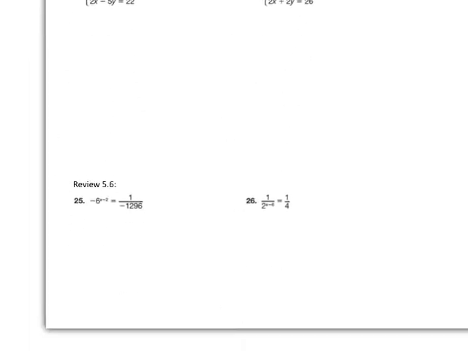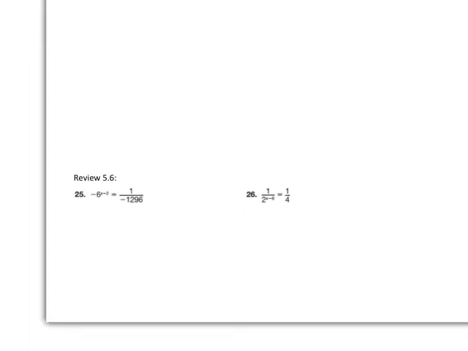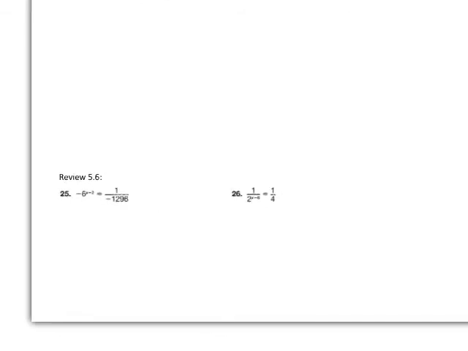And this is just a little review from our previous chapters. Recall that when it's a fraction, right here, you could bring it to the top by making a negative exponent.